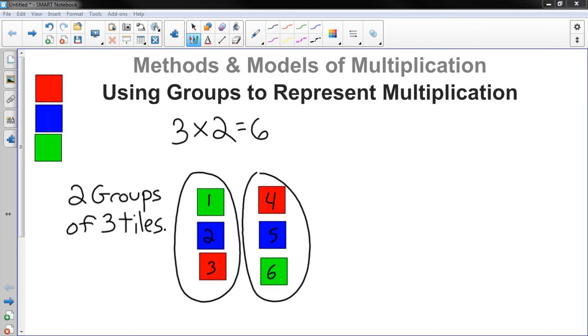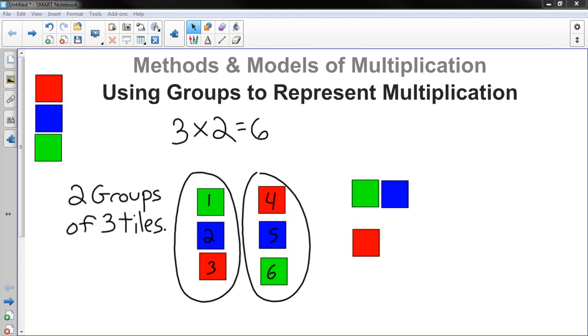I can take that same problem, think of it in a little bit of a different way, and you probably already know what I'm going to do. I can make 3 groups of 2. Like that.